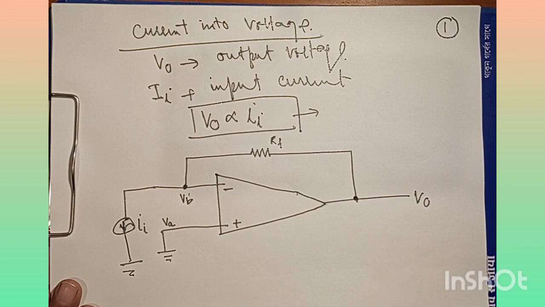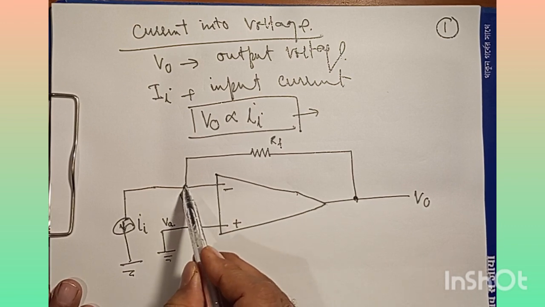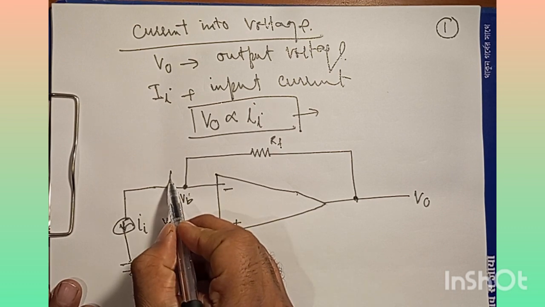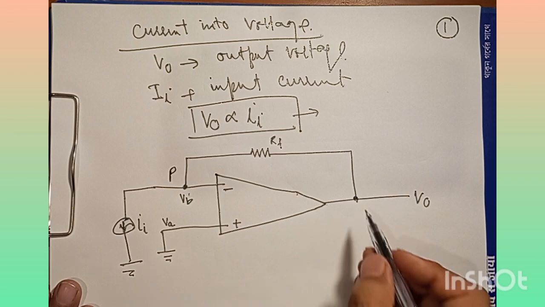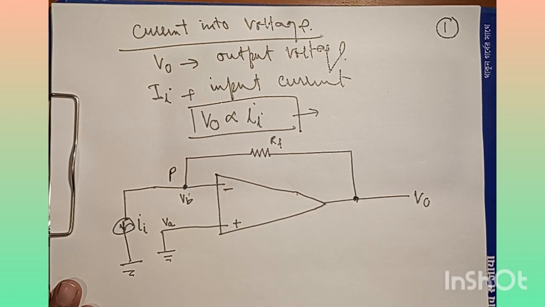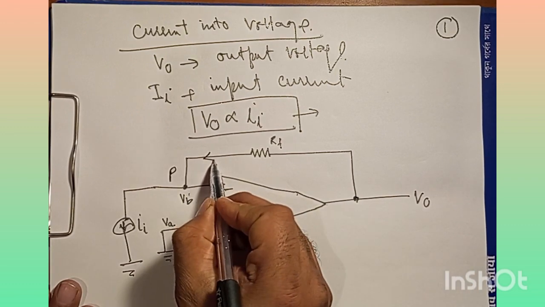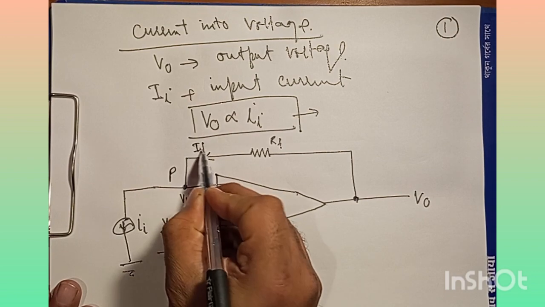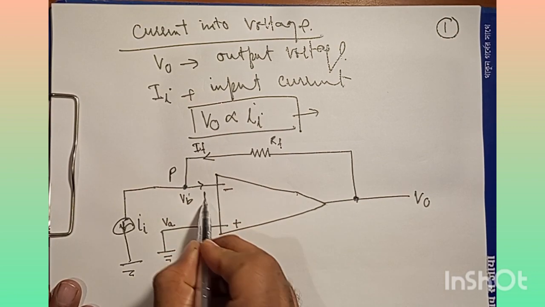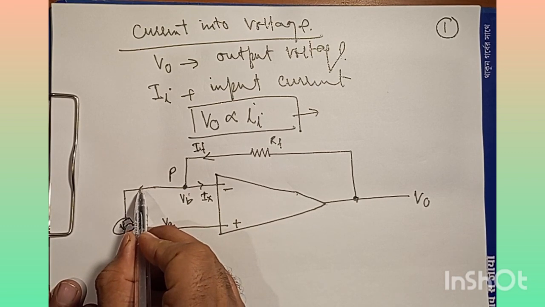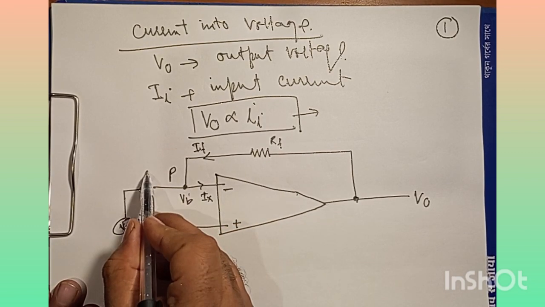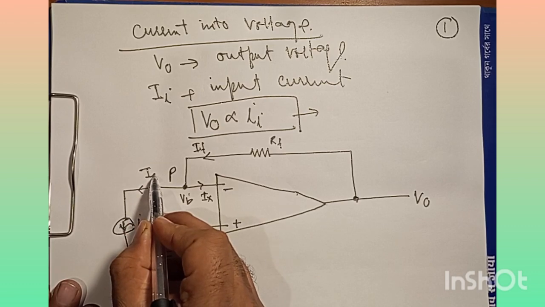I think it's clear up to here. Okay, so we have a junction here. Let's call this junction P. All right, and we can think of currents here. So suppose this is IF, and suppose this is IX, and here we have I1.